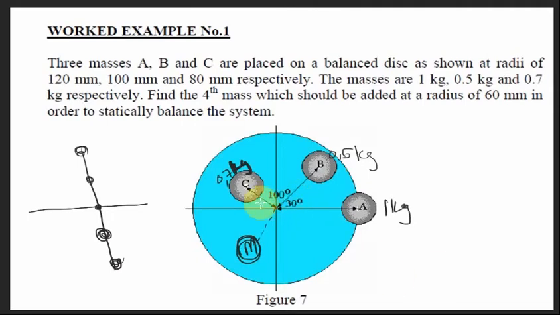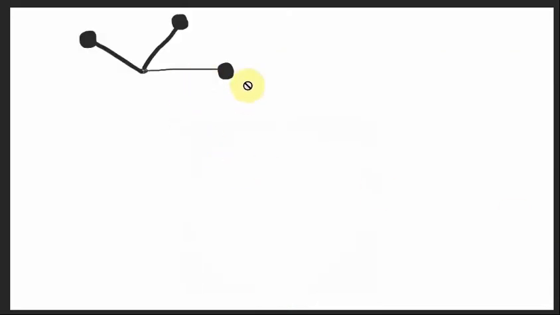We must remember that they gave us the angles. The first angle is 30, the other angle is 100, and the other one is 0. So let's put them there. The first angle here is 30, then they told us this is 100. So this is C, this is B, and this is A.